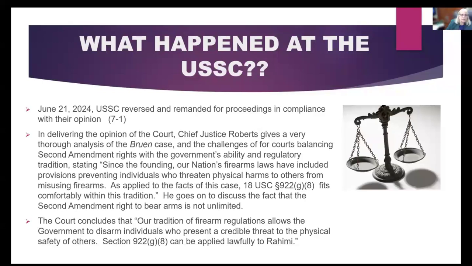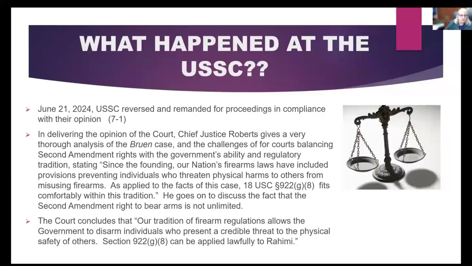So in delivering the opinion of the court, Chief Justice Roberts gives a very thorough analysis of the Bruin case and the challenges for courts balancing Second Amendment rights with the government's ability and regulatory tradition, stating that since the founding, our nation's firearm laws have included provisions preventing individuals who threaten physical harm to others from misusing firearms. As applied to the facts of this case, that particular statute fits comfortably within this tradition. He goes on to discuss the fact that the Second Amendment right to bear arms is not unlimited.